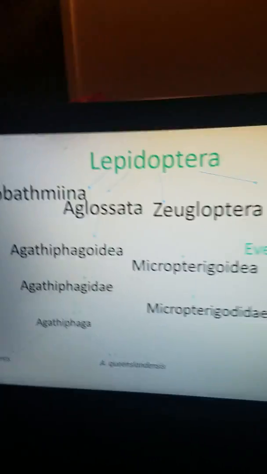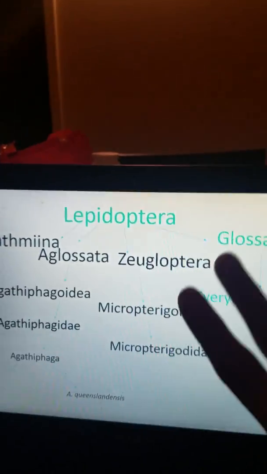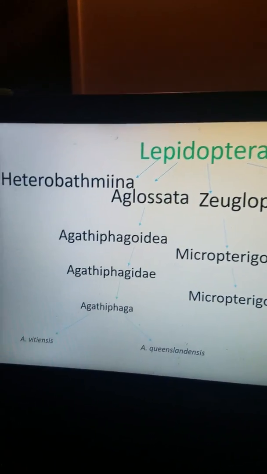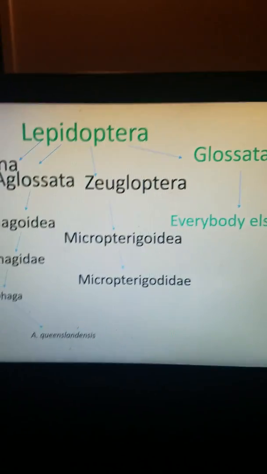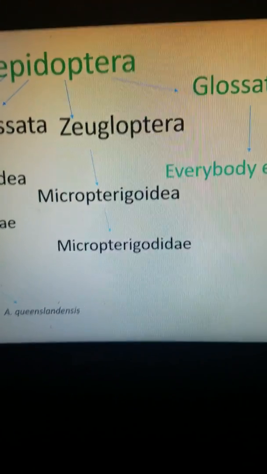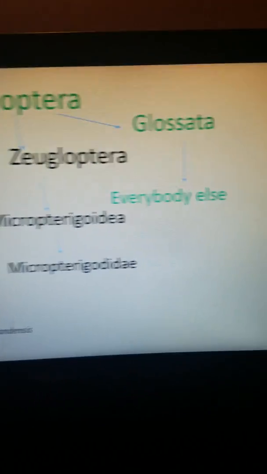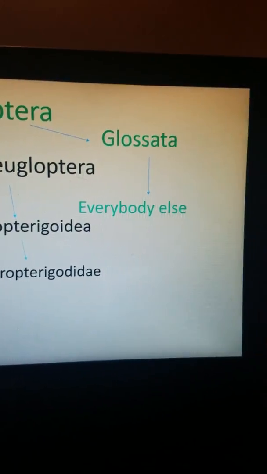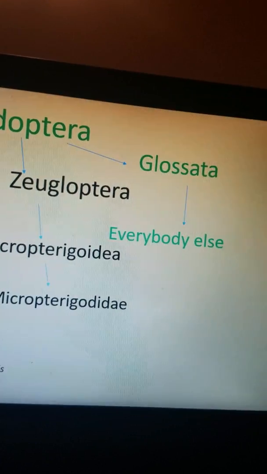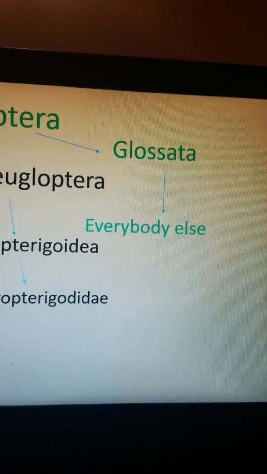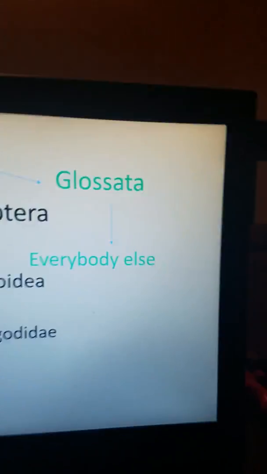So basically, we have our Lepidoptera with four main suborders. We have the Heterobathmiina, the Aglossata, the Glossata, and the Zeugloptera. Now, the majority of Lepidopterans belong to the Glossata. This is the group of Lepidopterans that contains the Lepidopterans with proboscises, which is the stereotypical Lepidopteran mouthpart.